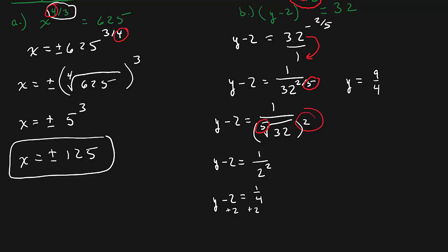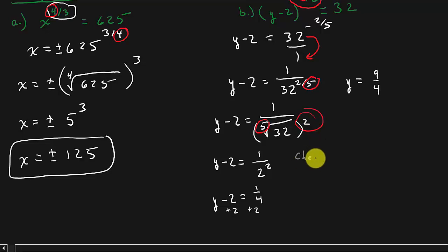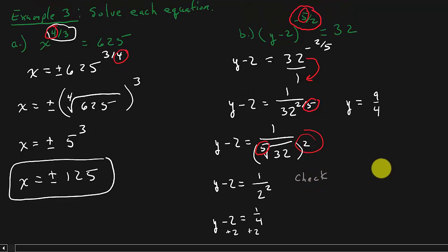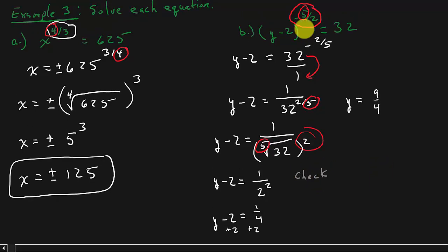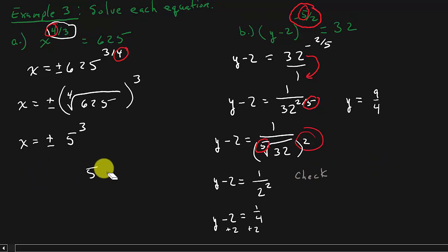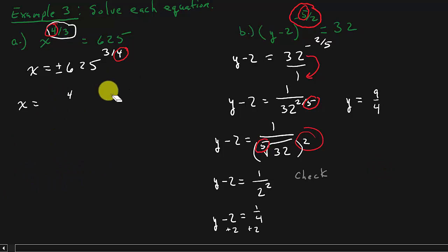And so if we check it, I'm going to come right here and check. We've got to plug it back into the original. And actually what I'm going to do is erase this over here and check it right here. So I've got to plug 9/4 into here. And so I get 9/4 minus 2 raised to the negative 5/2.